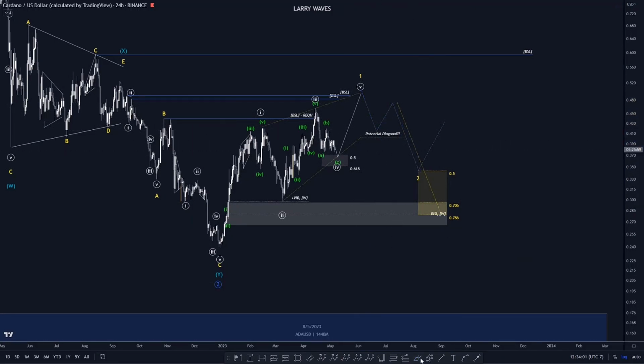If it comes down like this and just hits the 382, we'll most likely be expecting some type of WXY. Usually when corrective waves fall very short, that's when we get a WXY, because the correction wasn't strong enough yet for the wave 2, and usually wave 2s are characteristically deep. So that's when we expect WXYs, and it's only really when we can expect them.